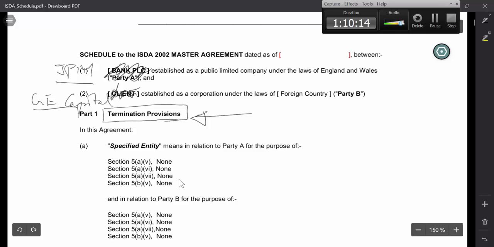And for specified entity, you put down GE Oil and Gas as a specified entity, and you put down GE Aviation. You can put down GE Energy Management.